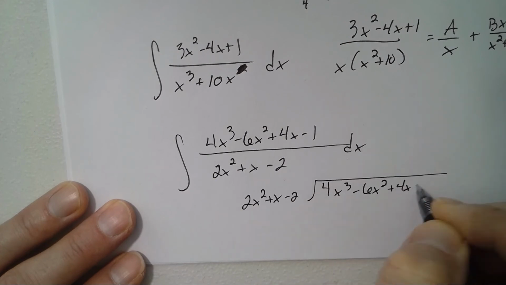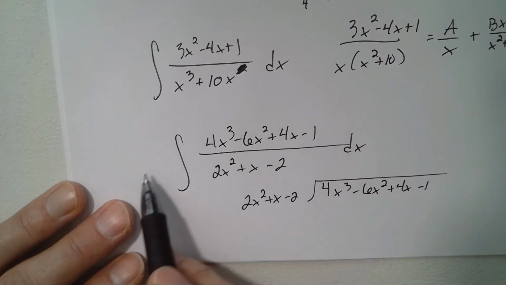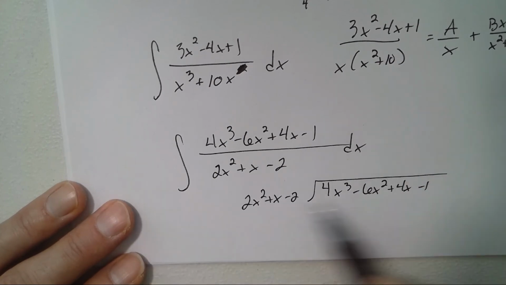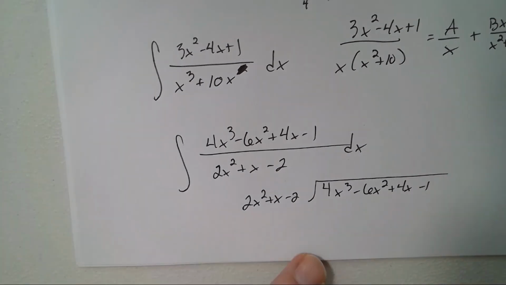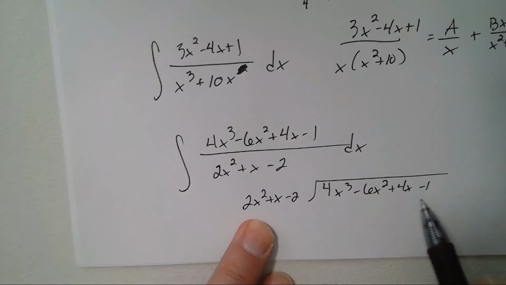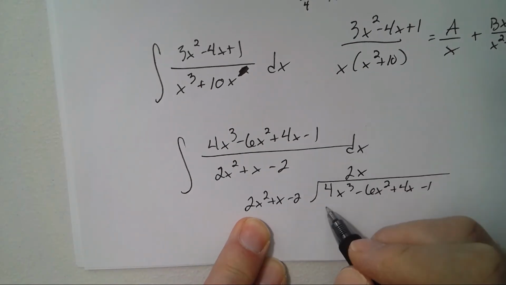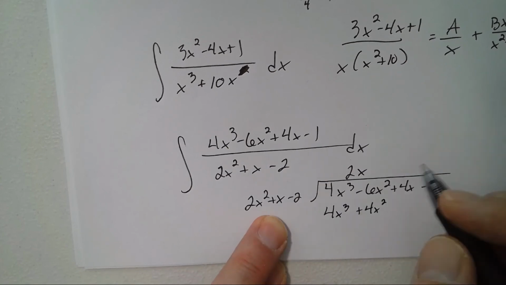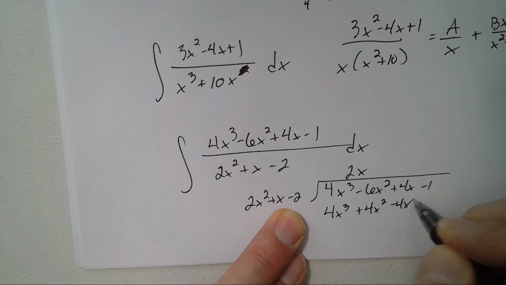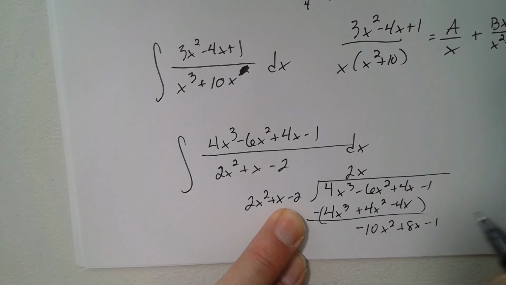and get some answer. And remember, we're integrating all of this stuff, so all we're doing now is rewriting this a different way. Why did I pick such big numbers? Okay, so 2x goes in there. 2x times 4x cubed plus 4x squared minus 4x. Subtract: negative 10x squared plus 8x minus 1 minus 5.